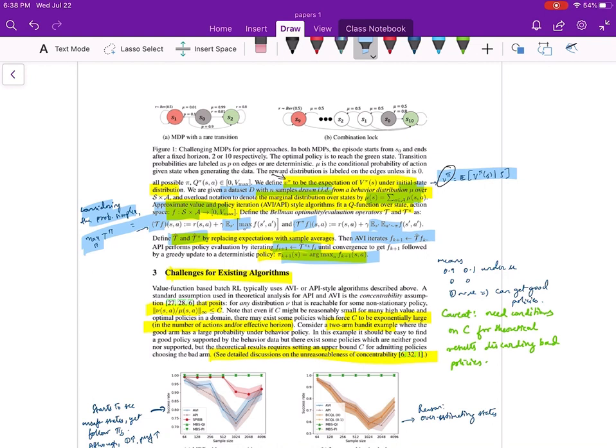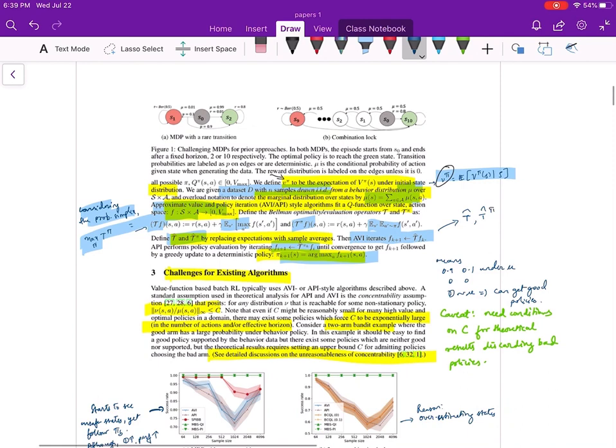So yeah, one of the important properties which you would need is that T hat and T hat pi are contraction operators in some space, in some norm. It depends on what kind of analysis you are doing.